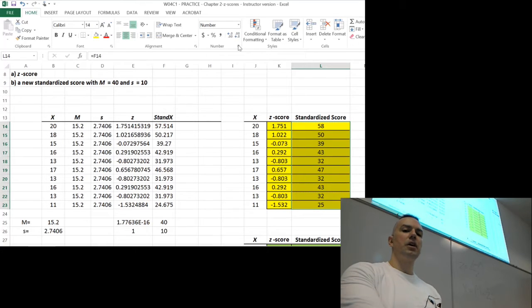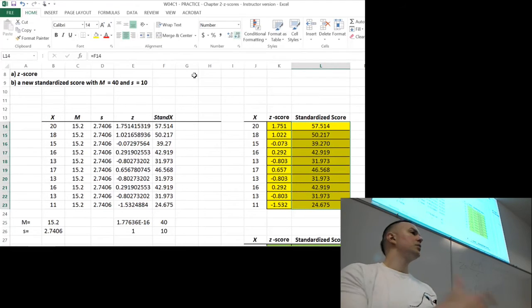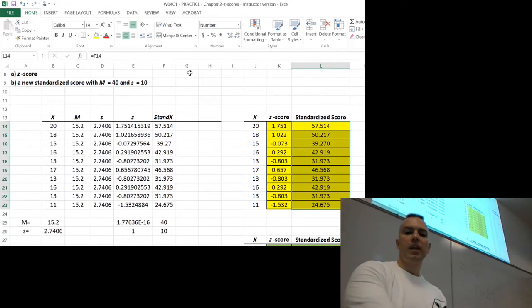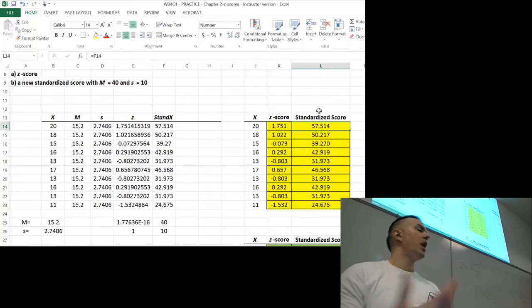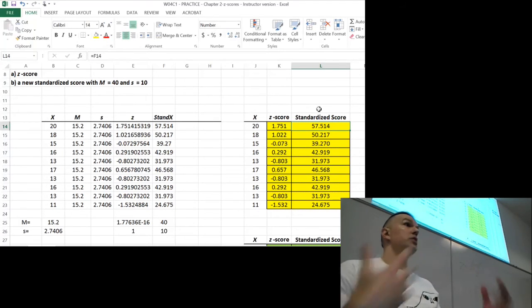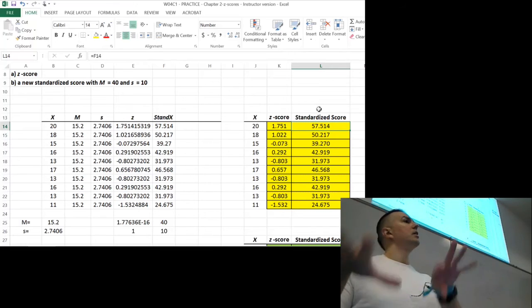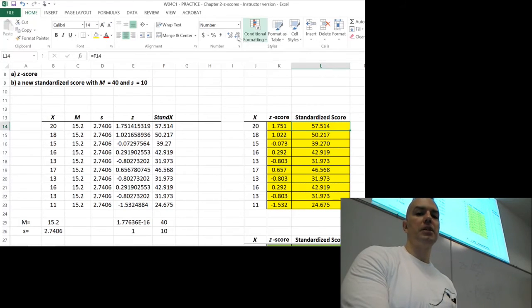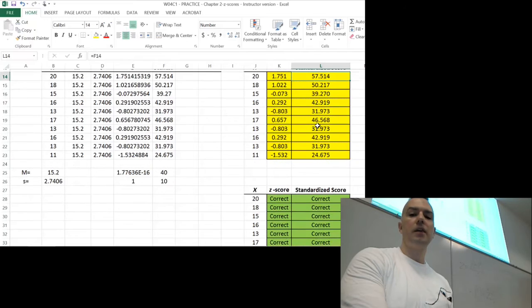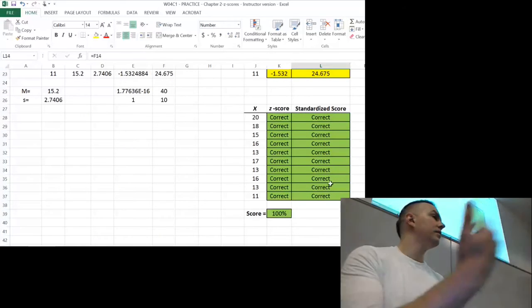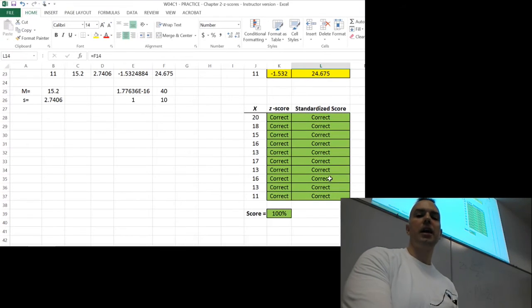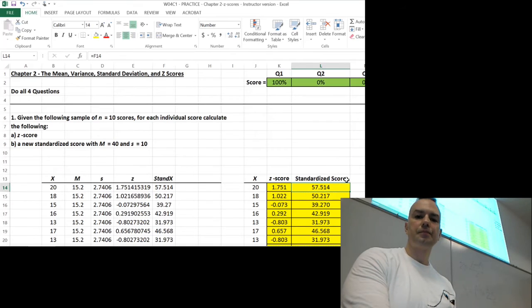These are the buttons you can click to increase and decrease your decimals. You can do as much or as little as you like. So if it's bothering you in your homework and you want to see those decimal points, feel free to access those buttons and choose your level. But we can see that we have all of those correct. We've calculated those standardized scores.